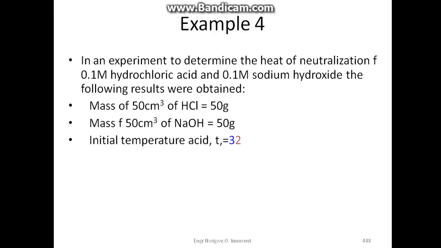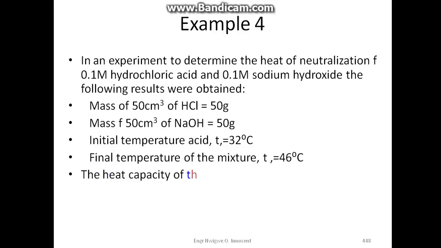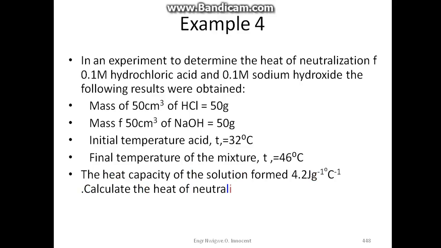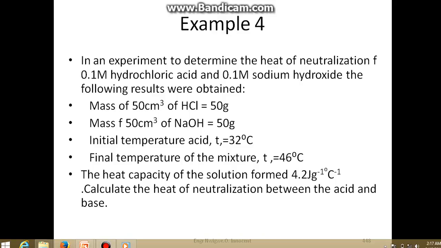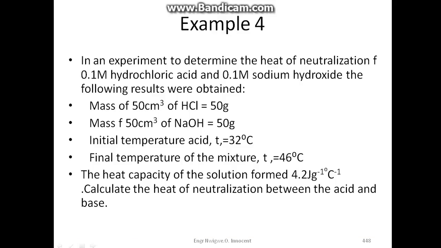Initial temperature of acid is 32 degrees centigrade. Final temperature of the mixture is 46 degrees centigrade. The heat capacity of the solution formed is 4.2 joule per gram per degree centigrade. Calculate the heat of neutralization between acid and base.